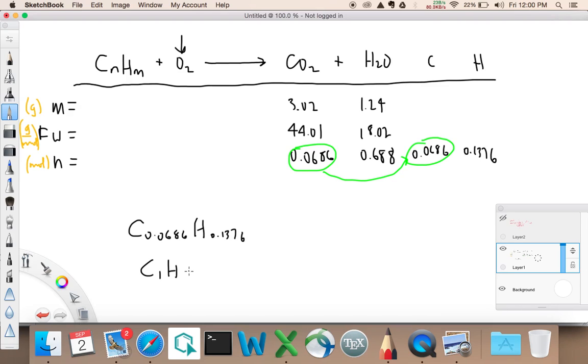And this is going to go to, what's 0.1376 divided by 0.0686, goes to 2.006, which is essentially 2, right? So the answer here is C1H2, which is really CH2. That's the empirical formula for this guy here.